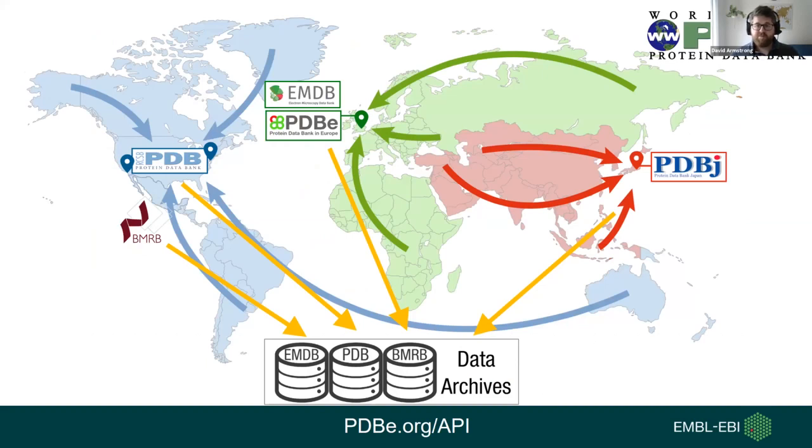So myself and James, we're from the Protein Databank in Europe, which is based at EMBL-EBI, just outside of Cambridge in the UK. We're actually part of a wider consortium called the Worldwide Protein Databank that together manage the PDBe archive and deposition of data to the PDBe. So some of you may be more familiar with the RCSB PDBe in the US.